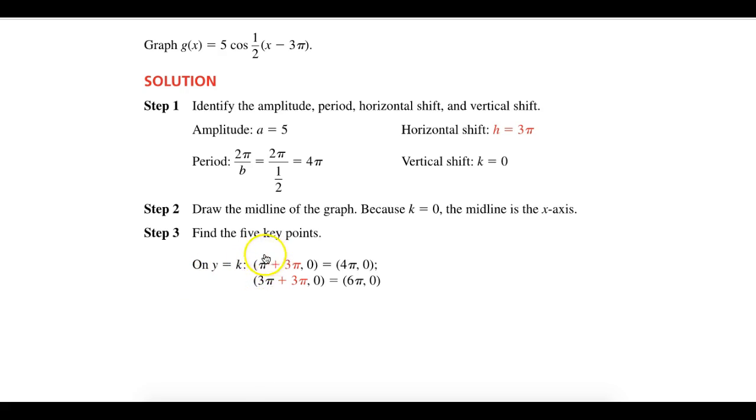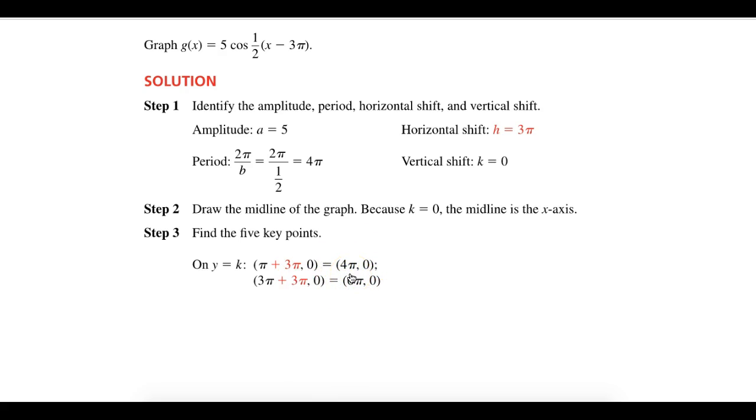So normally, we would be having our 2 x-intercepts at pi and 3 pi. But because we're shifting to the right 3 units, you have to add 3 pi to both. So our 2 points on our midline, so 1/4 of the way and 3/4 of the way, are going to be at 4 pi and 6 pi. Okay, so those are 2 of our key points.